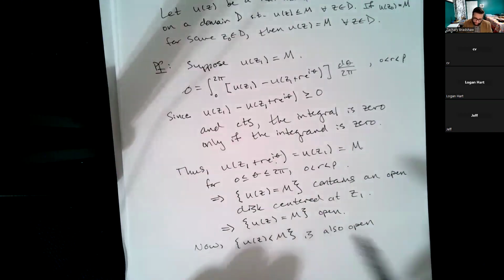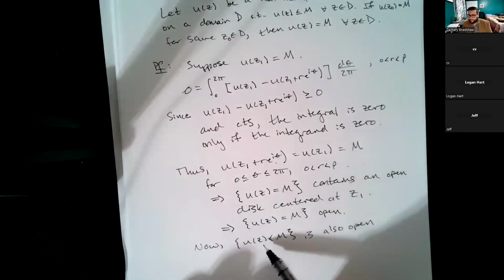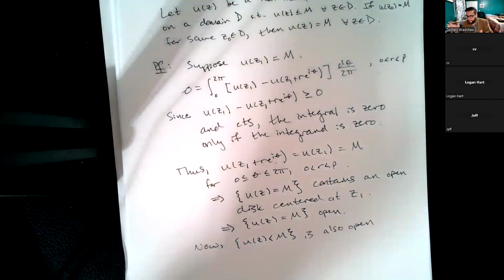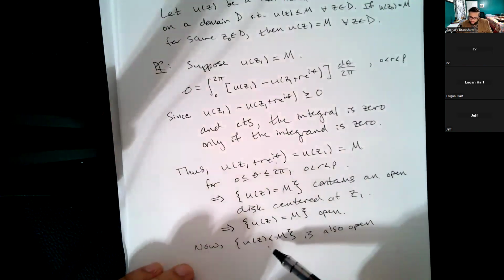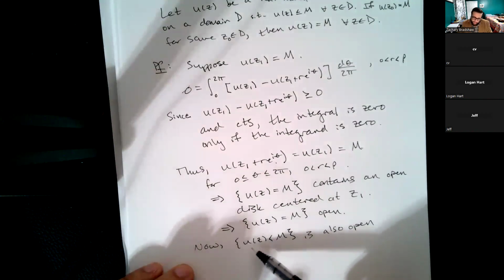So the idea is, if you pick any point in this set, let's call the point z0, since U is continuous, those points which are near z0, when you evaluate at those points, should also be close to U of z0.